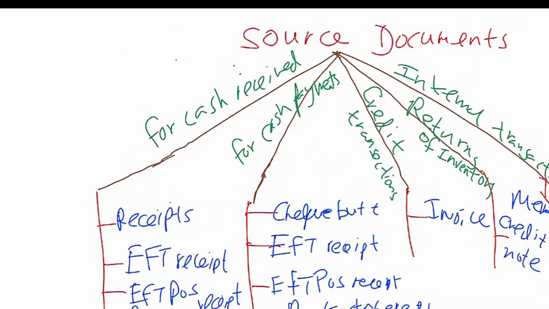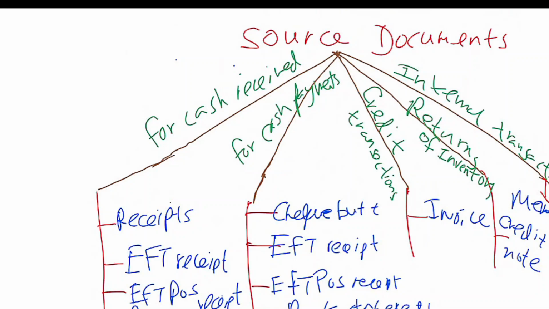What do you mean by EFT? Electronic funds transfer. Let's say if we pay using the bank app or online banking, this is the source document that it will generate.